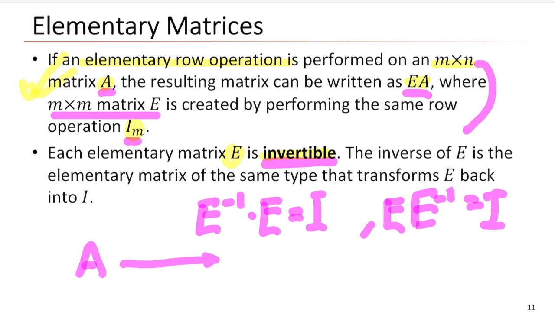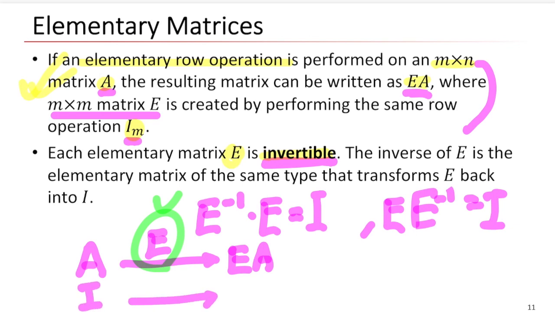Then, okay, there is the elementary operation E. We can find this one from the identity matrix by performing the same operation, because this is EI, so this will be E, right?